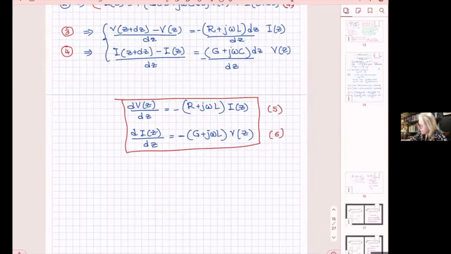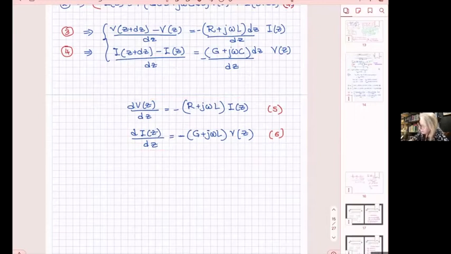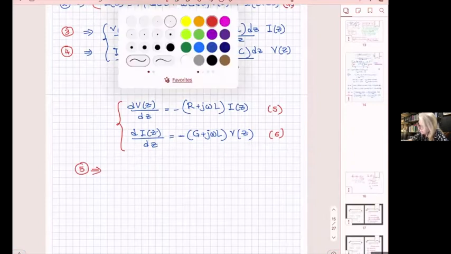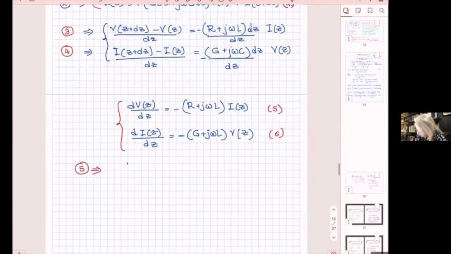And now, in fact, I don't need this. I will take the derivative of the first one. So from 5, I can find the second derivative of V of z over dz squared equals minus R plus j omega L, dI of z over dz. And then this is 7.